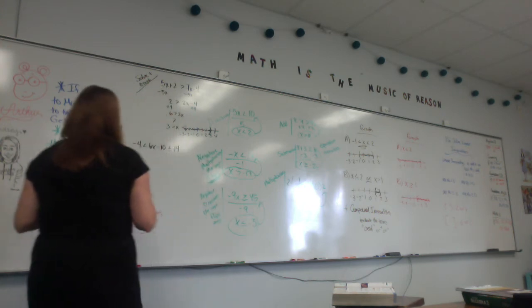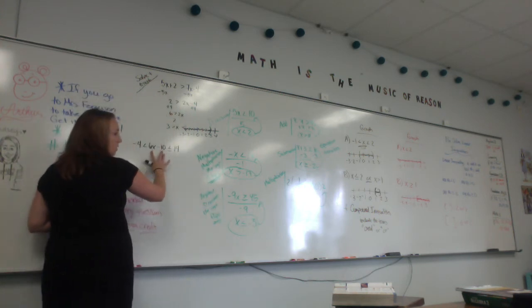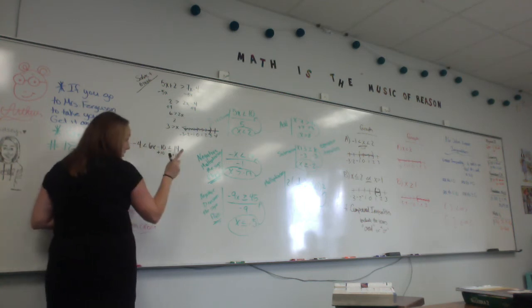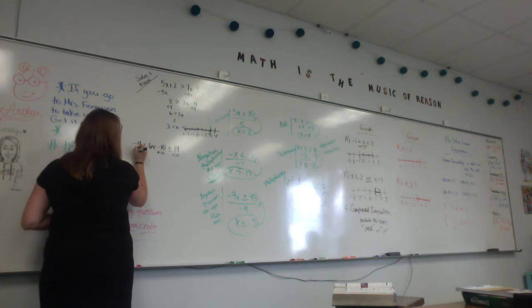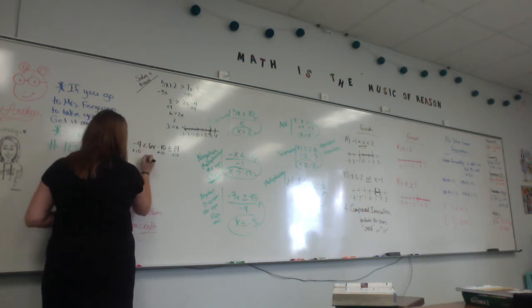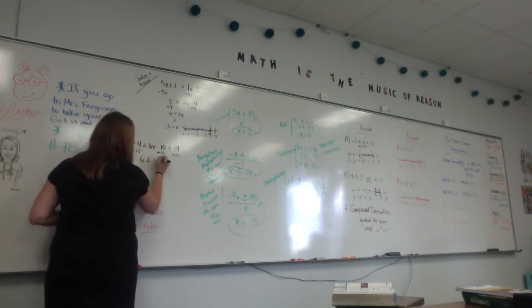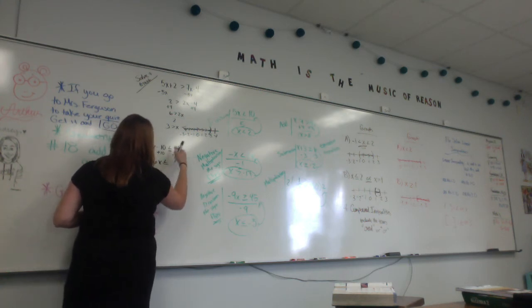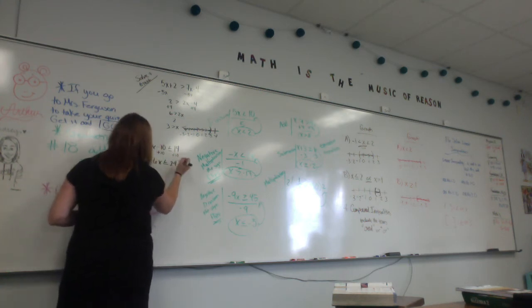So what do you think I want to do here? Add 10. Add 10 over here, and add 10 here. Negative 4 plus 10 is 6. So 6 is less than 6x, less than or equal to 24.